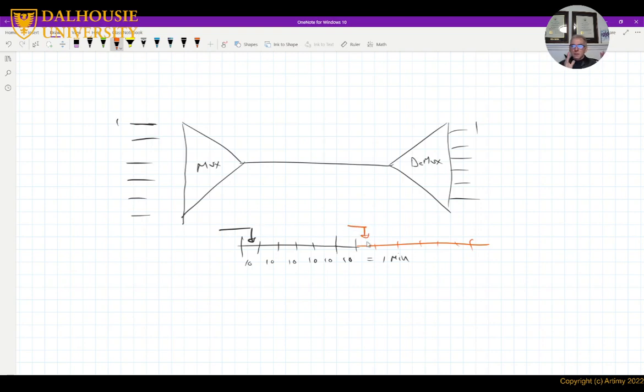So they will send data only in their time slot. Here they are free to use the entire bandwidth. So the bandwidth is not divided. What's divided is time. They only have 10 seconds to send, and then they leave, and then another channel has another slot to send, and so on.